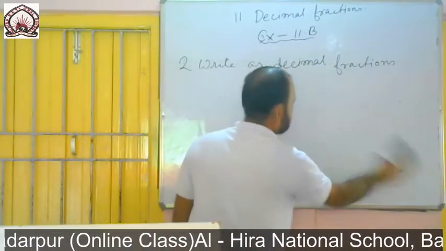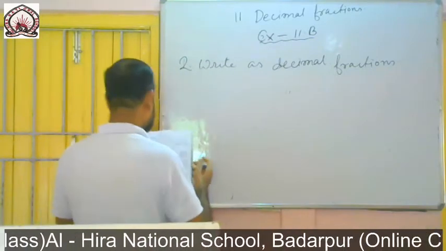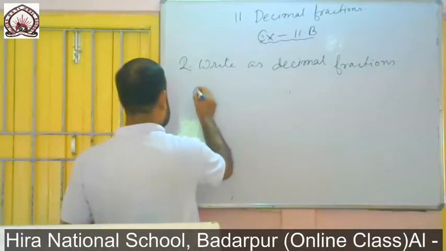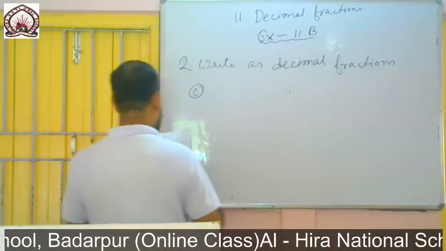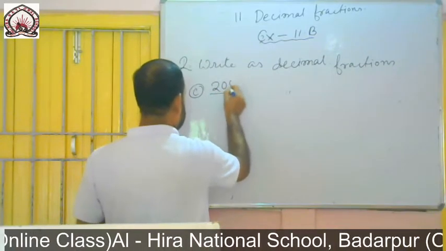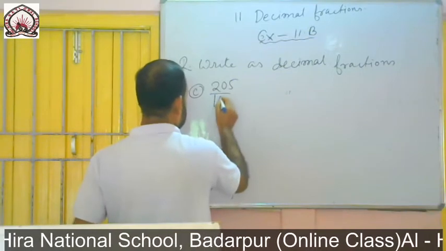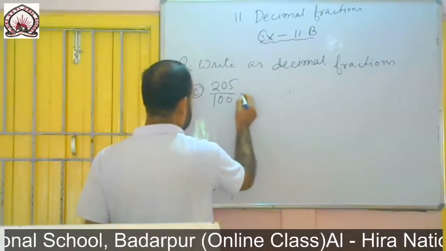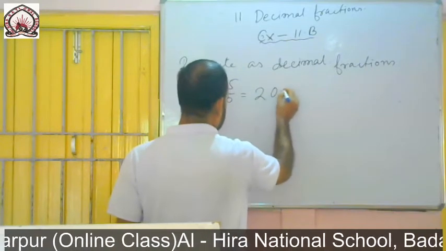Next, question number C: 205 by 100. So here we write 205.